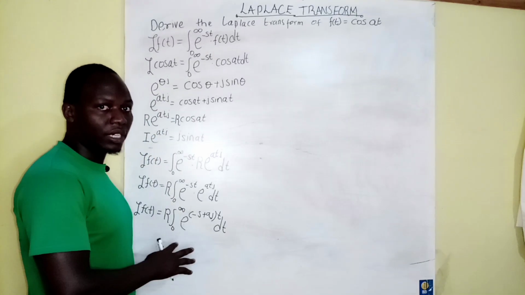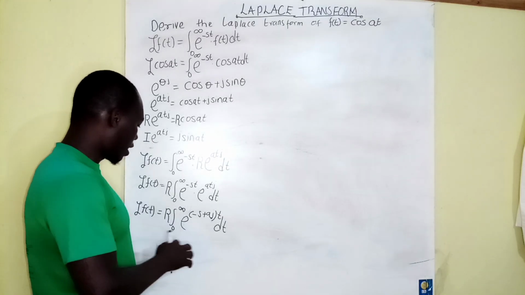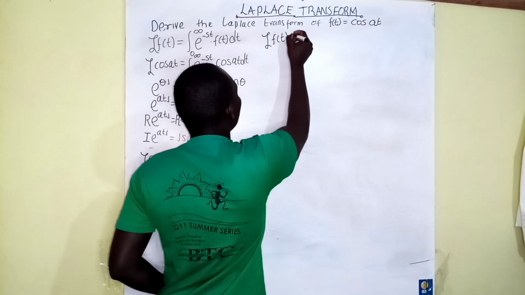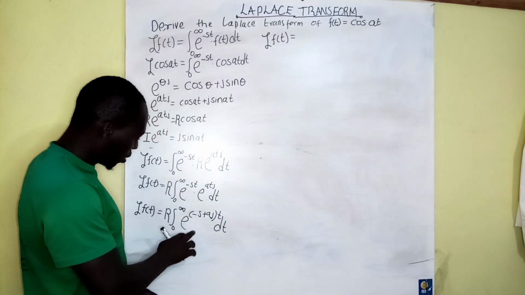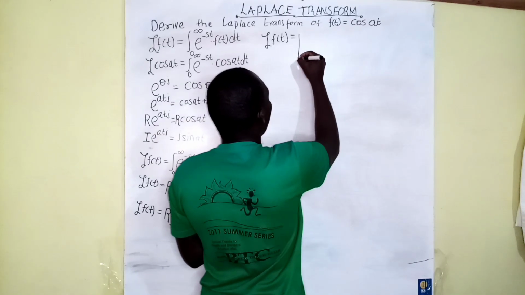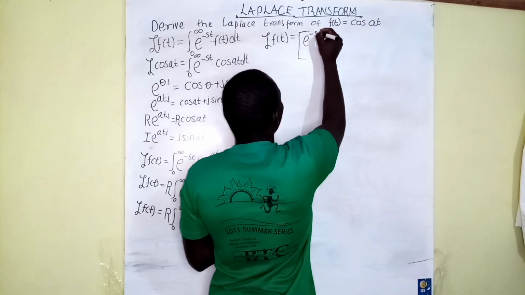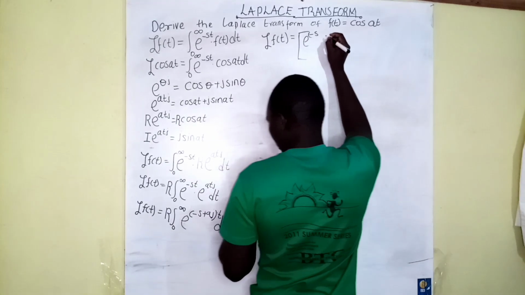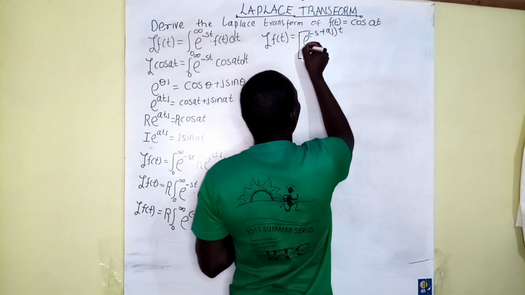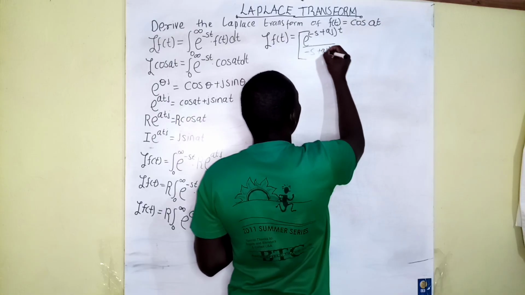From this point we can carry out our integration, and by doing our integration we are going to have the Laplace transform of a function f of t equal to, when we integrate the exponential part here, exponential negative s added to aj, t, all over negative s added to aj.